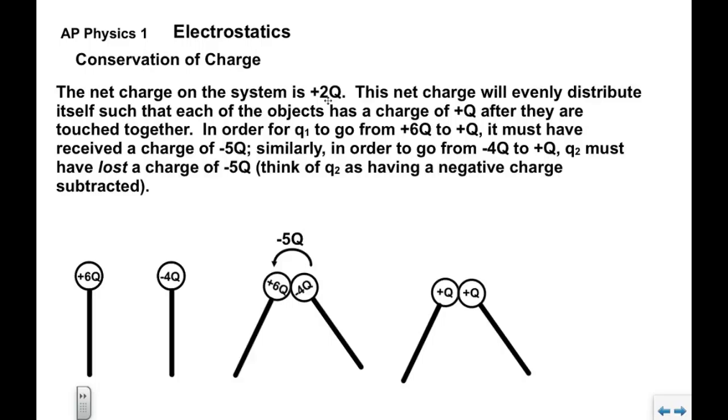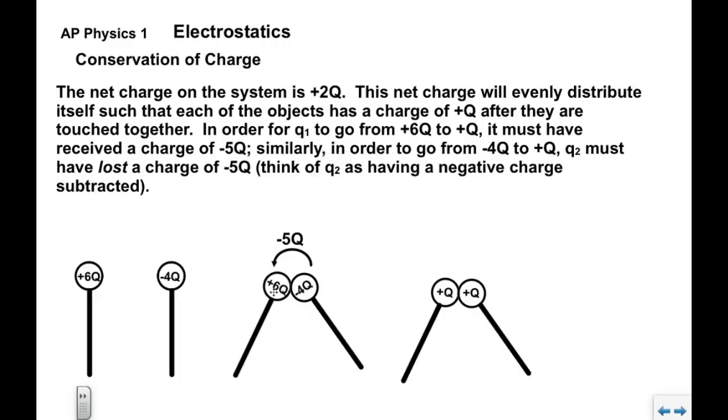So in order for this to take place, the Q1, the 6Q, has to be changed from a plus 6Q to a plus Q, which means it is receiving a charge of negative 5Q.